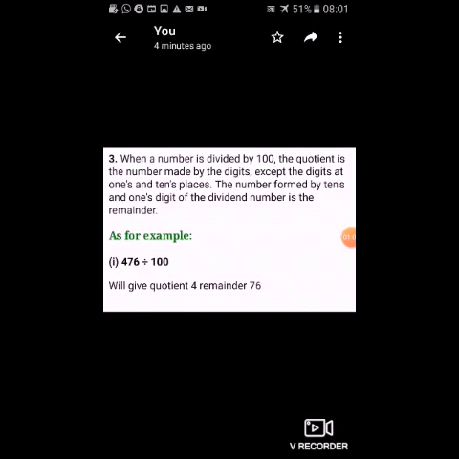The number formed by the tens and the ones digit of the dividend is the remainder. So here 476 is divided by 100. 6 is at the ones place and 7 is at the tens place. So 76 will be the remainder and the remaining 4 will be the quotient.